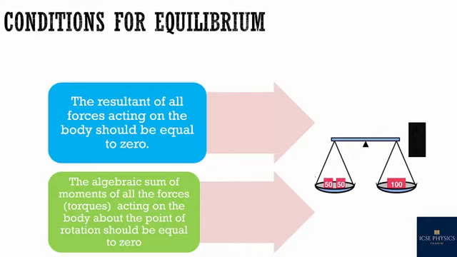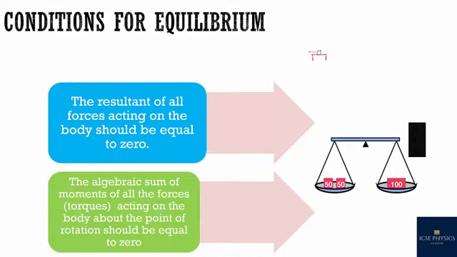So from all these examples that we saw, we know that there are two conditions which must be satisfied for the body to be in equilibrium. First, the resultant of all forces acting on the body should be equal to 0. How can we know this? See, suppose a bowl is put here on a table.